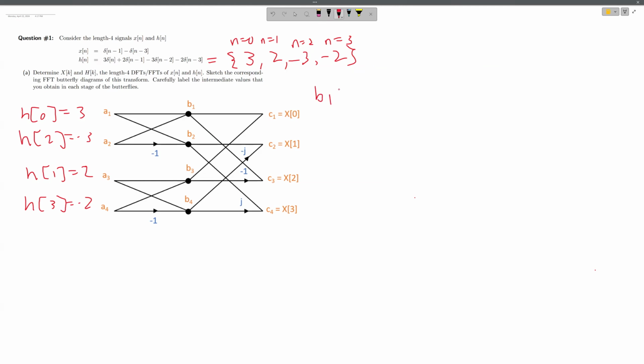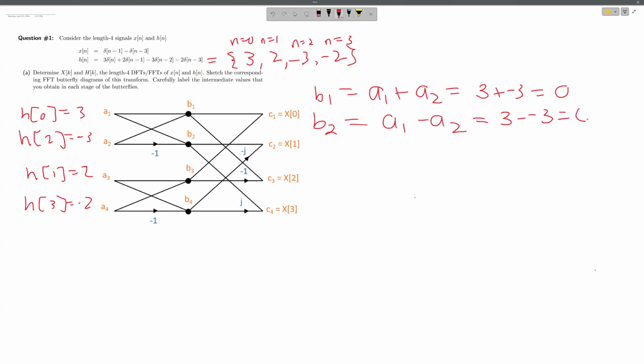So I'm going to say B1 equals the sum of A1 and A2, that'd be 3 plus -3, which equals 0. Next, B2 equals the diagonal term, A1 minus A2, which is 3 minus -3, equal to 6.